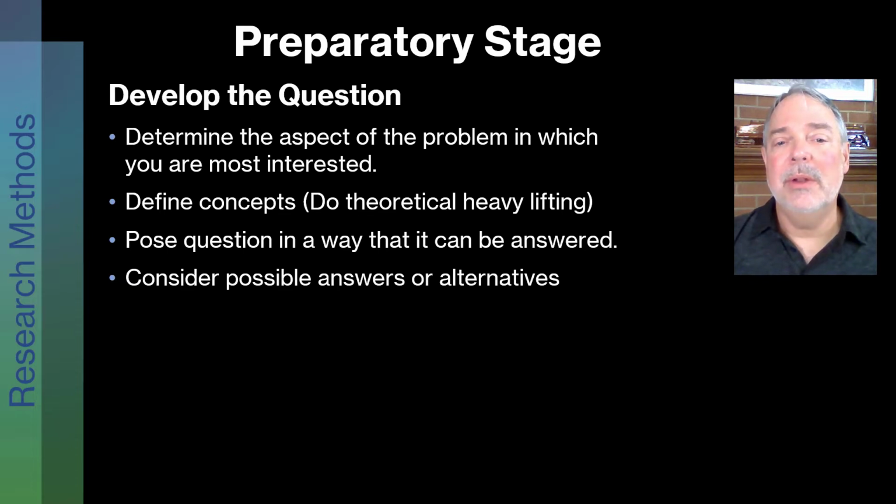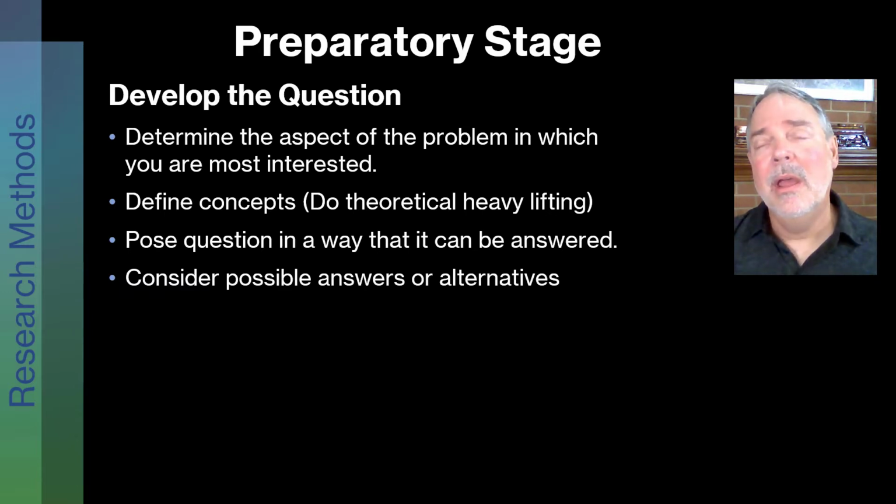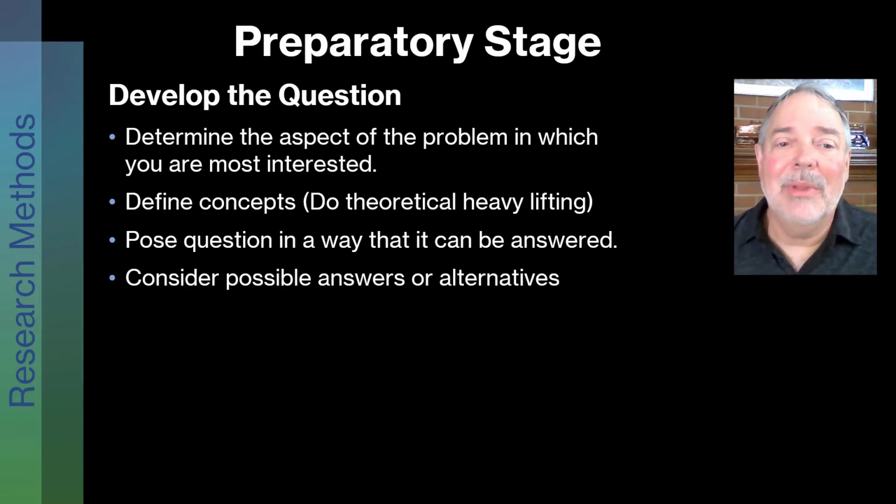Then you're going to want to pose the question in a way that can be answered, right? You might have an overarching question, but you want to say, all right, is there a question that I can look at and make an empirical assessment of, right? When John Mueller wanted to look at this question of whether the Vietnamese were ever going to break, if you search for the breaking point in Vietnam, I don't know how you solve that.